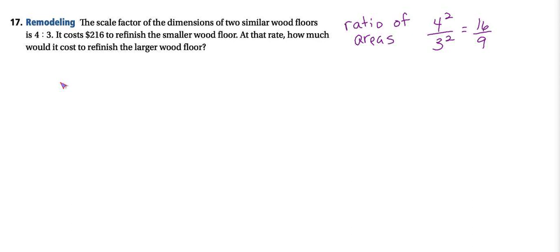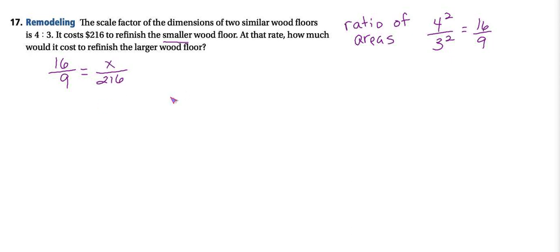If the ratio of the area of the wood floors is 16:9, then the cost will have the same ratio. It costs $216 to refinish the smaller wood floor, so I'm going to put my $216 in the denominator, and I'm going to look for the cost for the larger one.